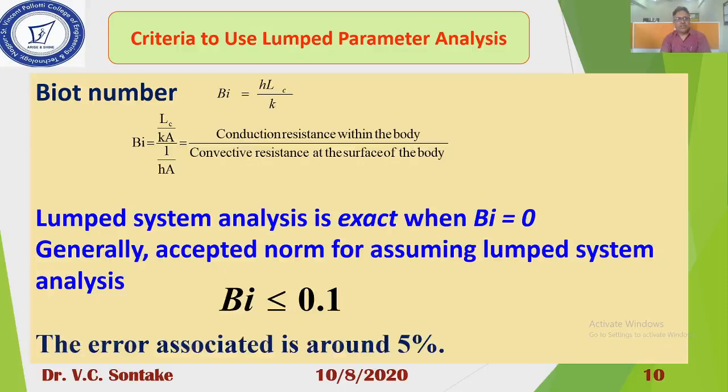Under this condition, the error associated with this estimation will be less than 5%, which is quite low. So the criterion to use lumped parameter analysis is that Biot number must be less than or equal to 0.1.